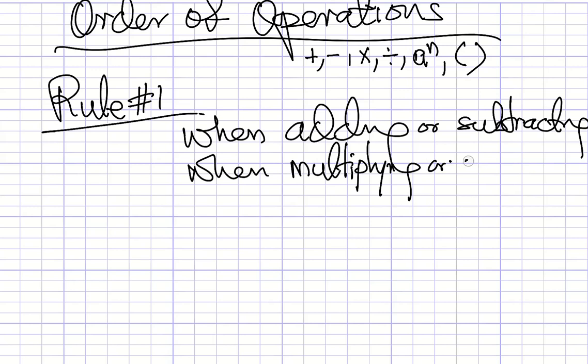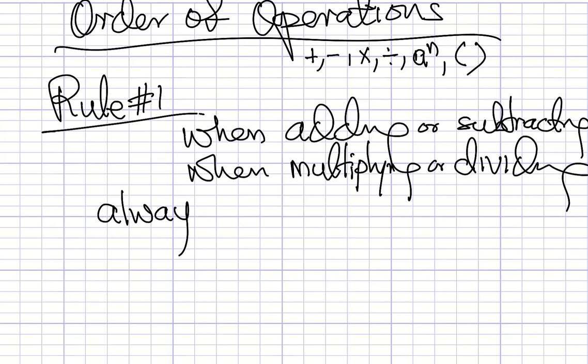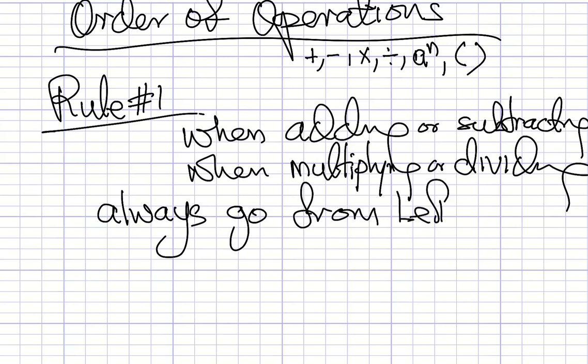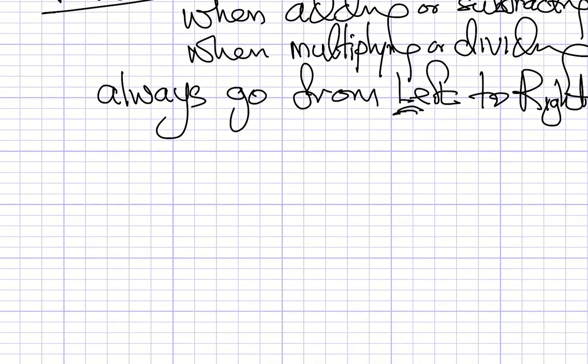When multiplying or dividing, always go from left to right. Yeah, you never go from right to left. You always go from left to right. I'm gonna give you an example in a minute. So let's give you an example.